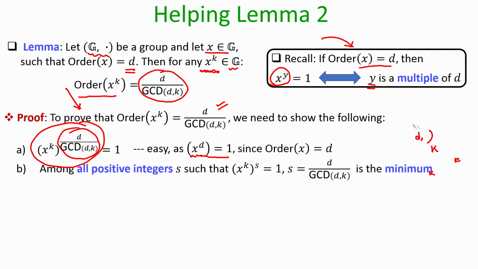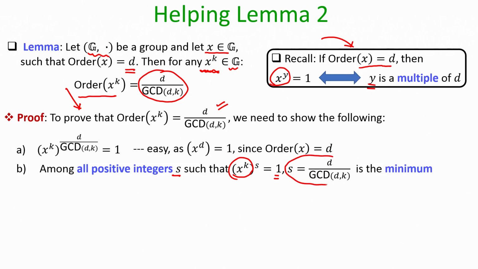The second thing that we have to prove to show that indeed the order of element x power k is this is the following. I have to show that among all possible different positive powers of x to the power k such that the corresponding power gives you the identity element, the power s, which is d over GCD of d and k, is the minimum. So, what basically I am saying is that it is not the case that x to the power k raised to just a single s gives you the identity element. There can be multiple exponents s.